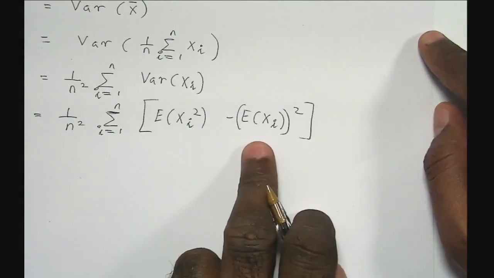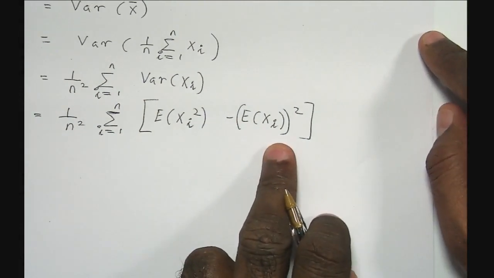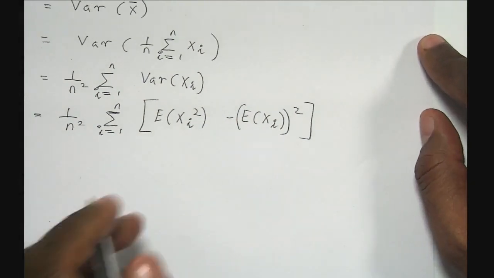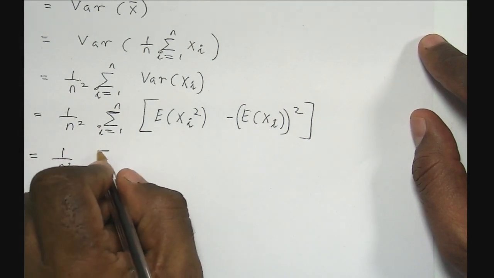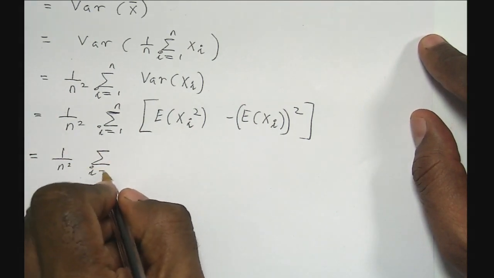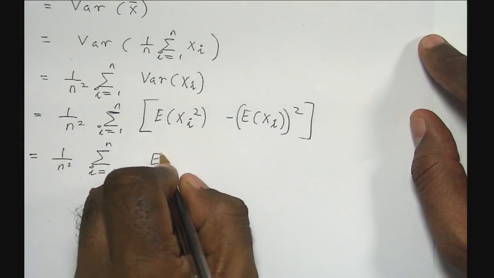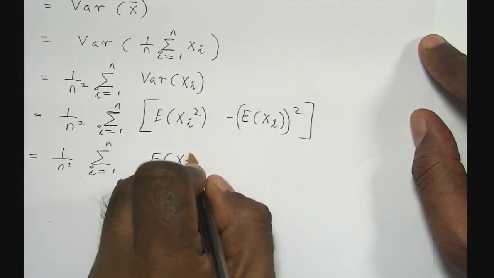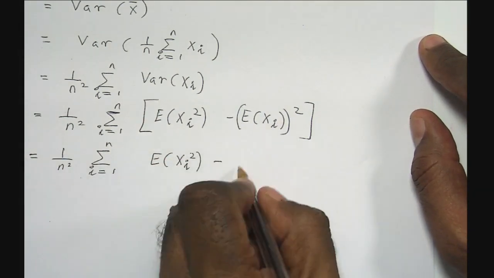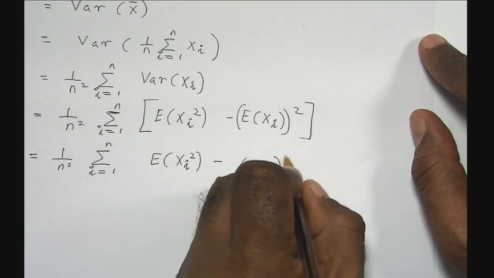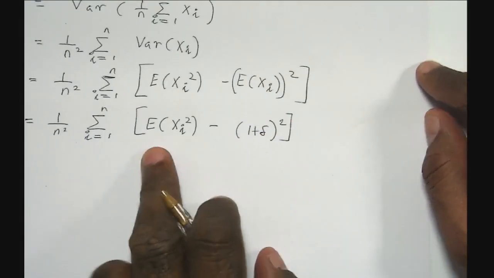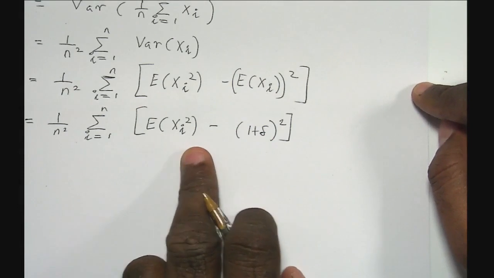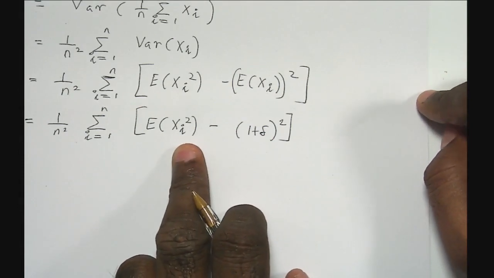We already know what the expectation of xi is from the previous part, which is 1 plus delta. So what we need to find is the expectation of the square of xi, right?